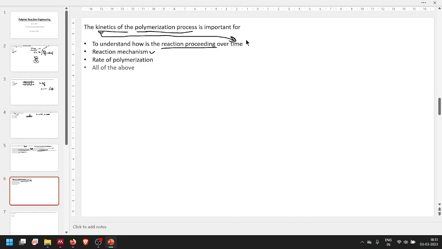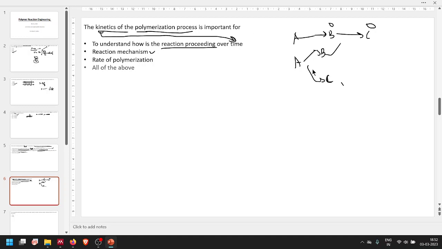Next, we have the reaction mechanism. Reaction mechanisms can be defined as different reactions occurring in series, or reactions occurring in parallel. These scenarios show us the formation of undesired or desired products, or the formation of intermediates and the final products, and how these reaction mechanisms arise is also understood very well by the kinetics of the polymerization process.